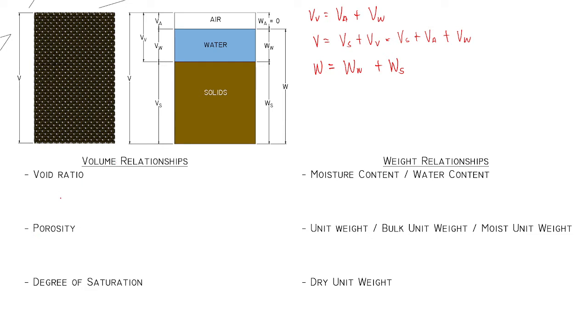So we have three volume relationships, which are the void ratio, the porosity, and the degree of saturation. So first, the void ratio e. This is the ratio of the volume of voids to the volume of soil solids.